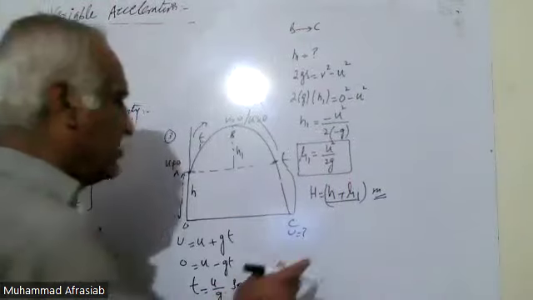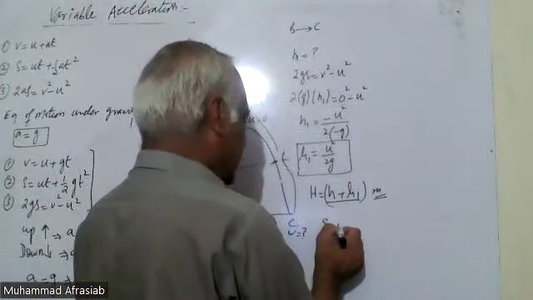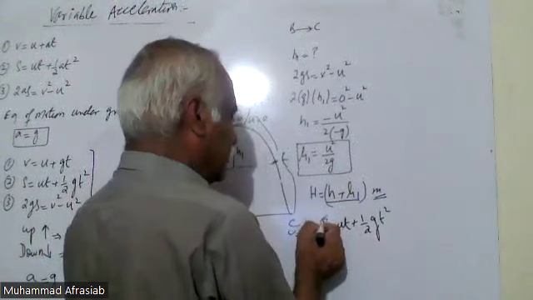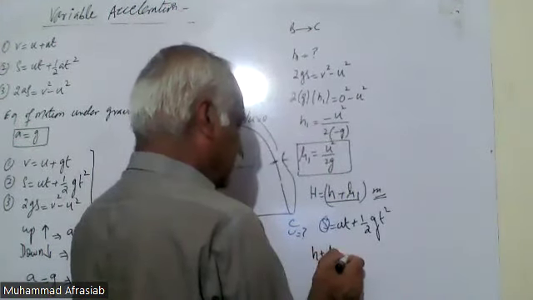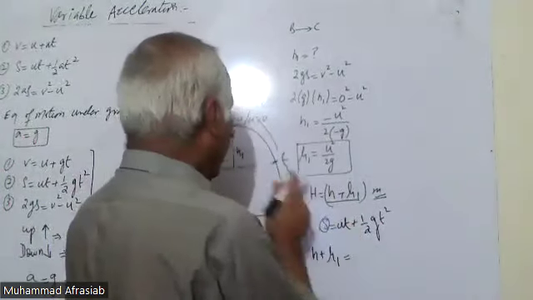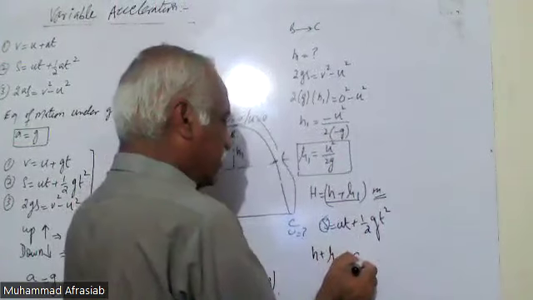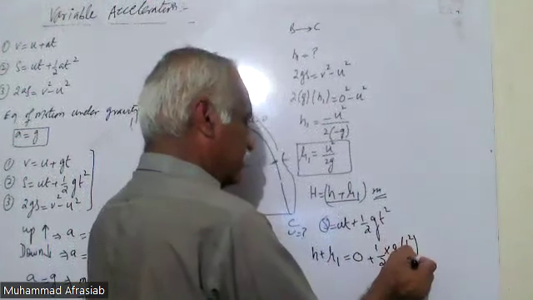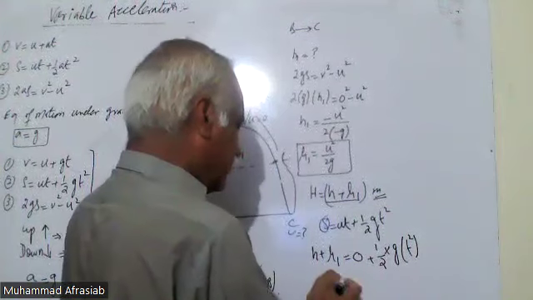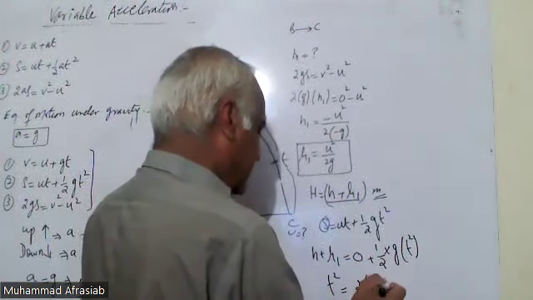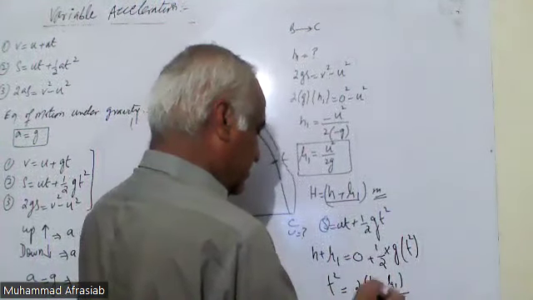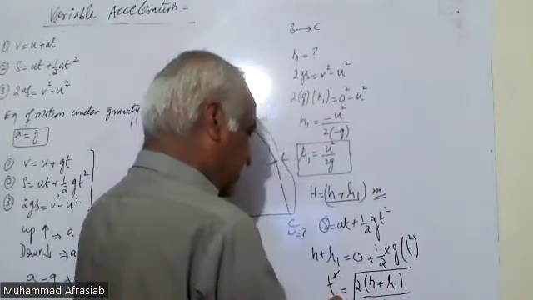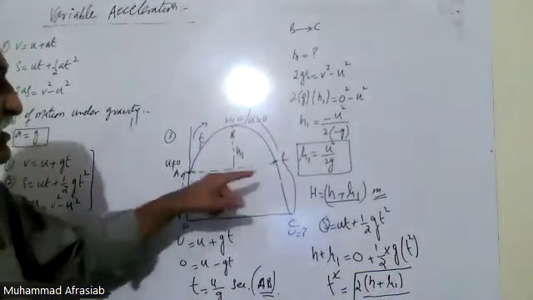So we can use the equation of motion s = ut + ½gt², where s is the total height h + h1, equal to u, which is 0 because it is coming downward from the highest point B, plus ½ × g × t², where g is positive. So t² will be equal to 2(h + h1)/g, or t will be the square root of this portion.